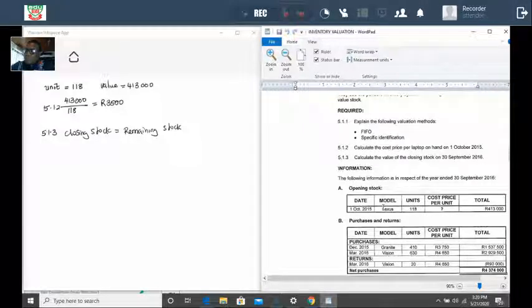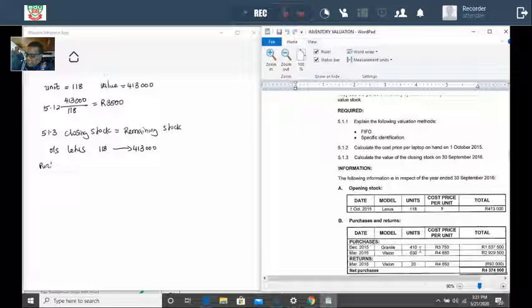At the beginning of the year, they have Lexus, and then the purchases and returns. For purchases in December 2015, they purchased Granite, 410. So opening stock, Lexus, 118 units, and the value is 413,000.